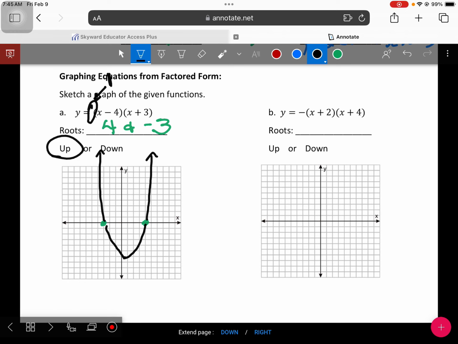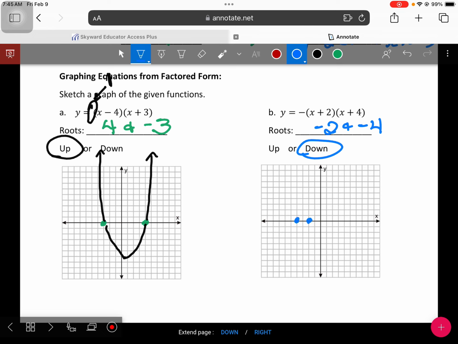Morgan, what are my roots for b? -2 and -4? Is that what you said? What do you guys think about that? Good answer. Family Feud, I always like that. Good answer. Yes. And is it opening up or down? Down.